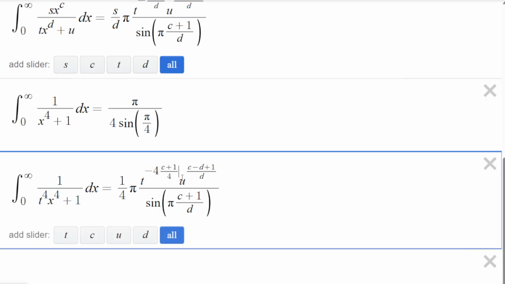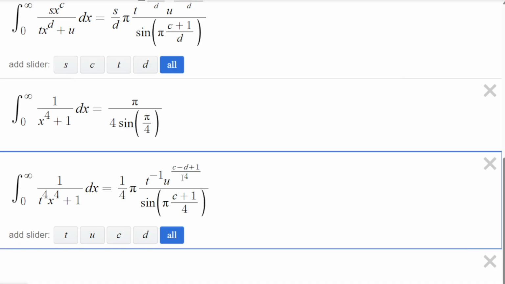So 4 and 4 and 4. All right. We already figured out what our t was. Now we need our c. Our c is going to be 0. So what was it before? 0. So that's just going to be 1/4 times negative 4, which is just negative 1.